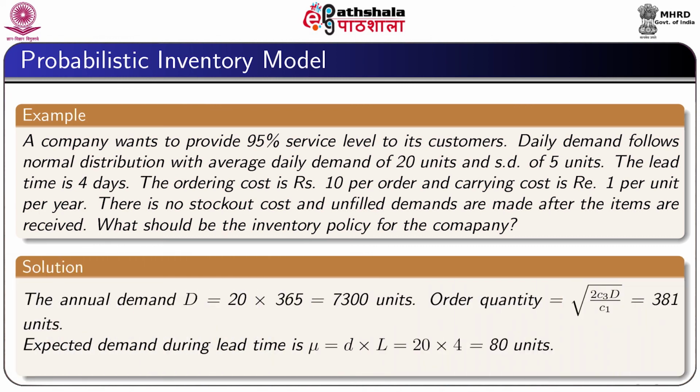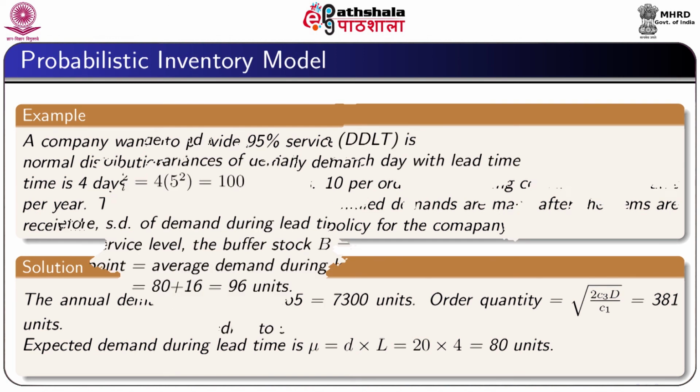From this problem, we see that the annual demand D is equal to 20 into 365, which is equal to 7300 units, and order quantity is equal to root over 2 C3 D by C1, which is equal to 381 units. The expected demand during lead time, which is equal to mu, is equal to D into L, that means this is equal to 80 units.